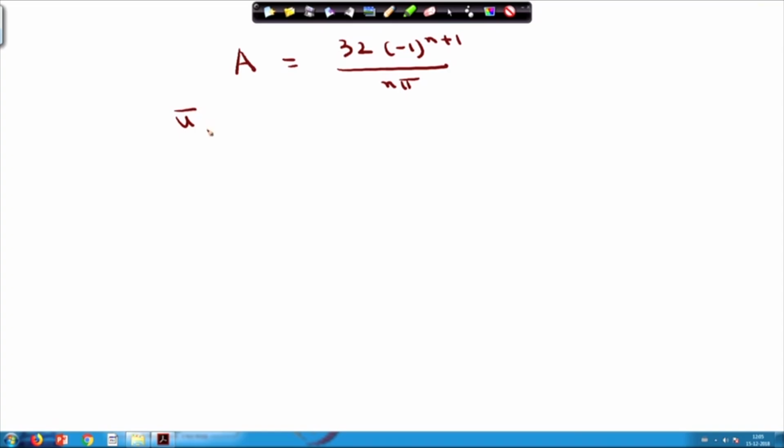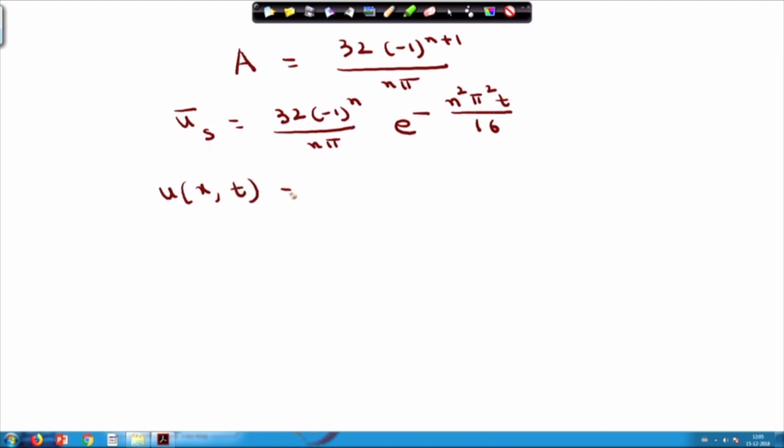If I substitute the value, I obtain ū_s equals 32(−1)^(n+1)/nπ into e^(−n² π² t/16). So, once I have obtained ū_s in terms of t, now I can write u(x,t).